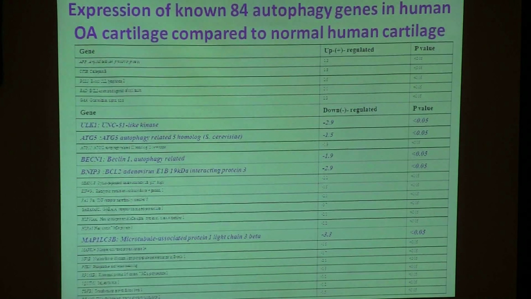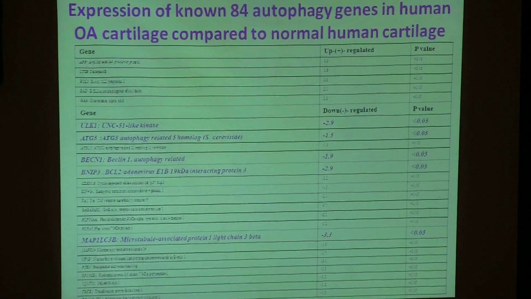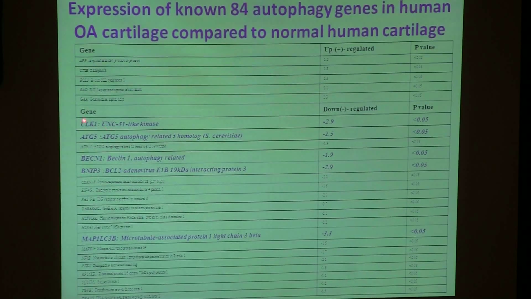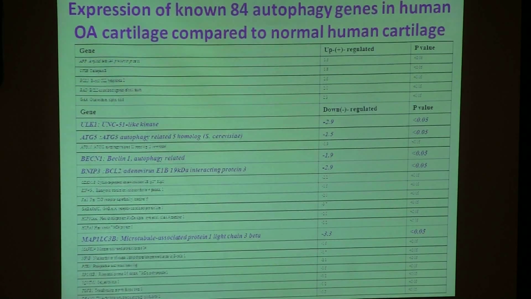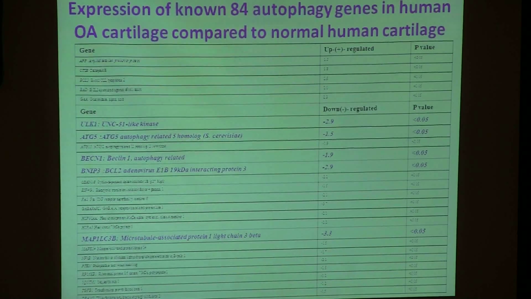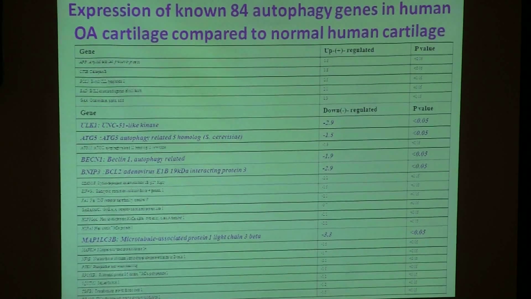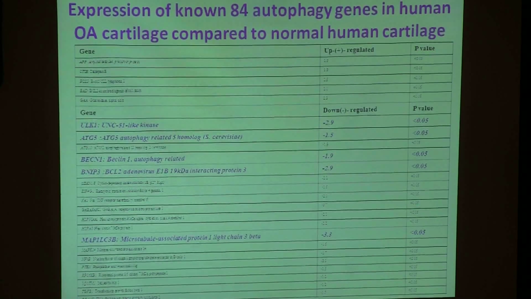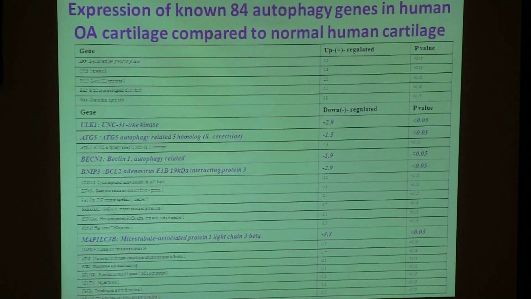What was critical was that the genes involved in maintaining autophagy, such as ULK1, the most upstream autophagy inducer, as well as LC3, which is involved in autophagosome formation, are all downregulated in articular cartilage in an osteoarthritic condition compared to the normal cartilage. So there's an overall compromised autophagy process in the articular cartilage.